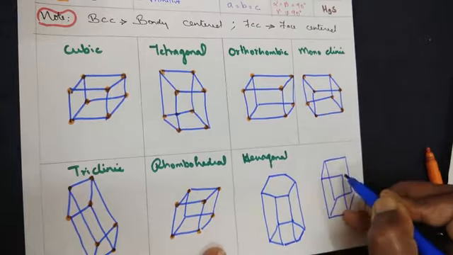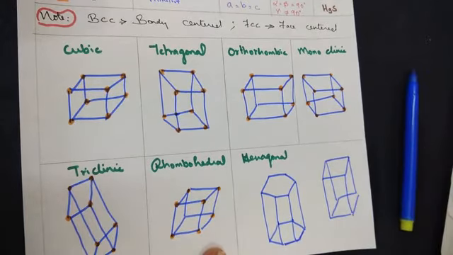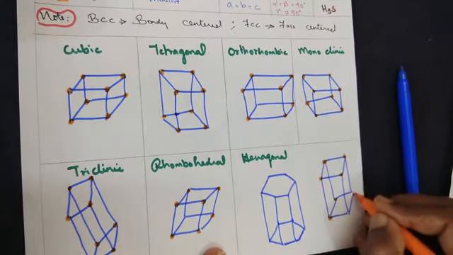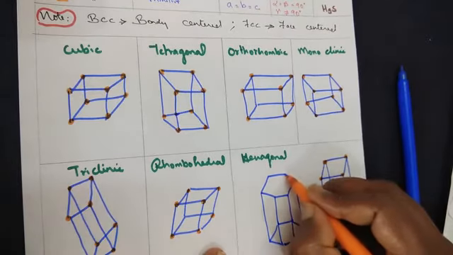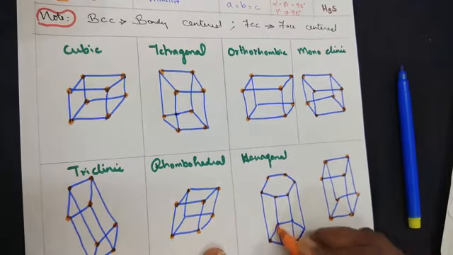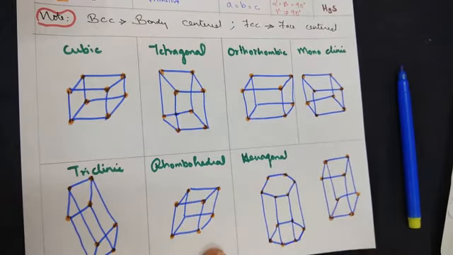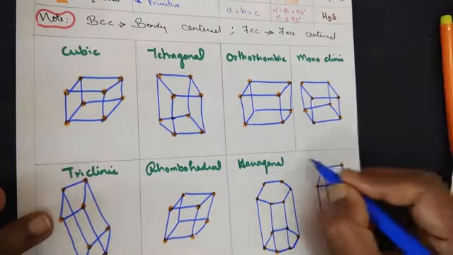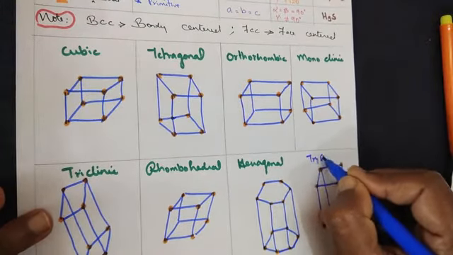So hexagonal is also called trigonal. Remember, primitive means atoms or ions or molecules are found only along the edges. One more term, it's also called a trigonal unit cell here.